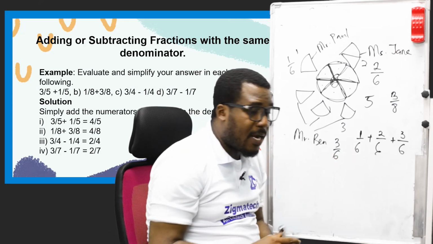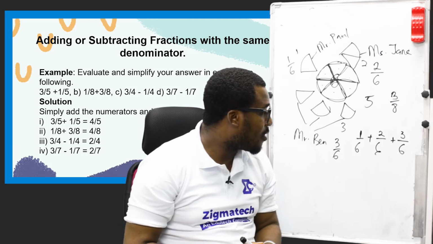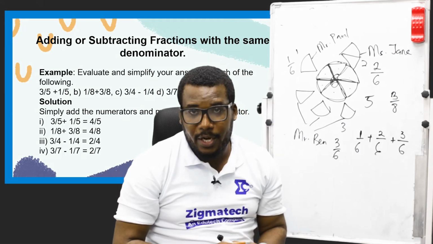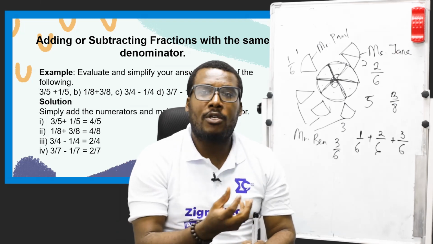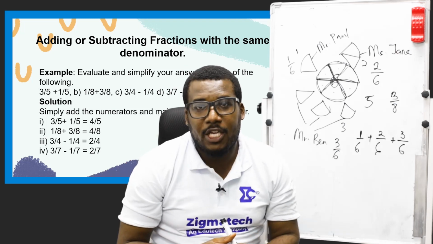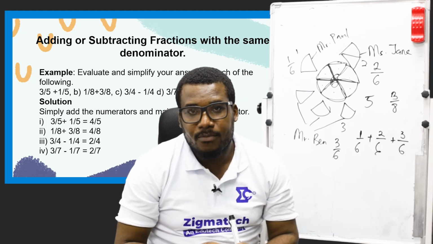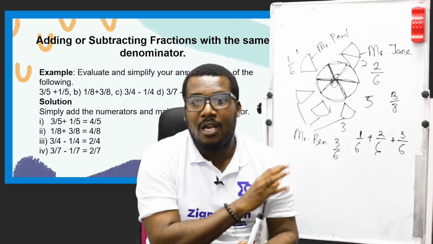If you look properly at your screen, you have 1/6 plus 2/6 plus 3/6. The common denominator there is 6, which is going with everybody. So in this case, it is so easy.